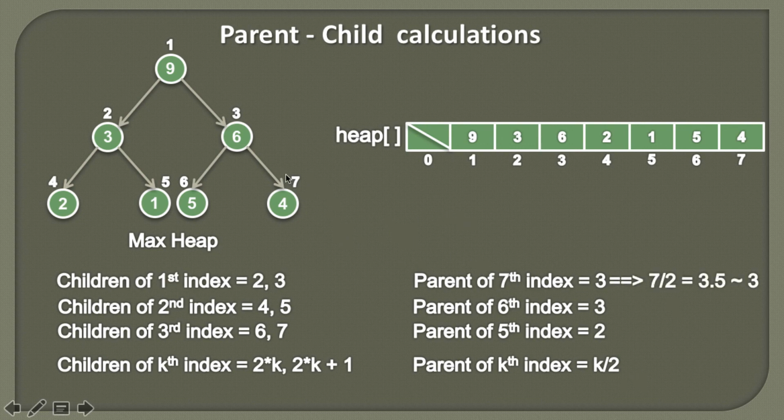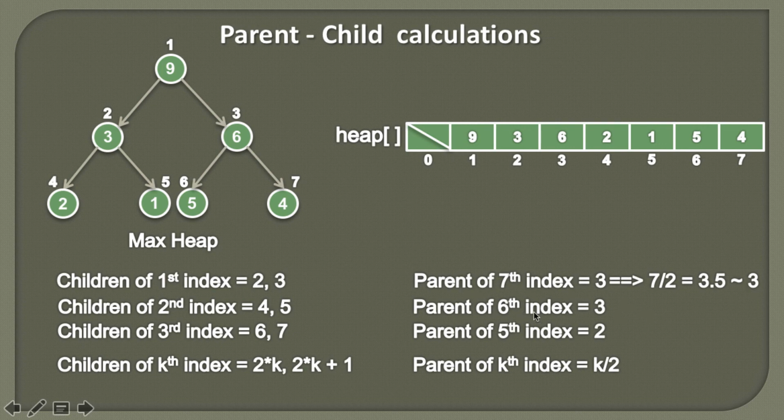So here you can see that if we are at the 7th index and we want to go to its parent, then what we simply do is 7 by 2, which gives us a value of 3.5. And as we are dealing with integer values, this is rounded off to 3. So 7 by 2 gives 3.5, and if we take the integer value of it, it rounds off to 3.